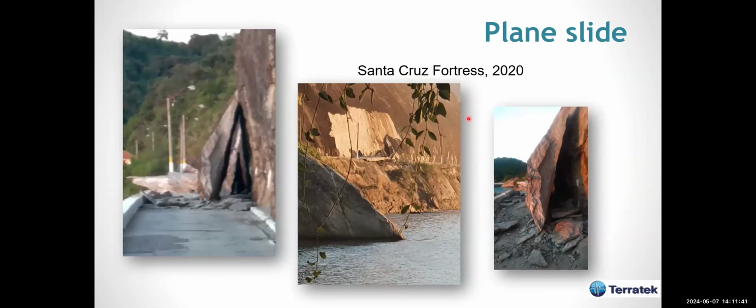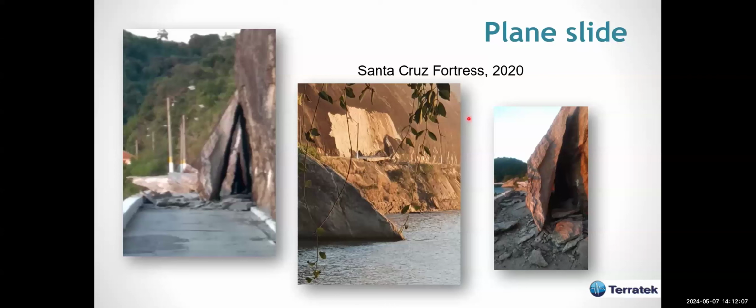Okay. And plane slides. This took place in Santa Cruz Fortress. It's a fortress in Rio de Janeiro, built by the Portuguese. It was built well before the 1800s, by the time the city was founded in 1567. Soon after, they built this fortress to protect the entrance of the bay.